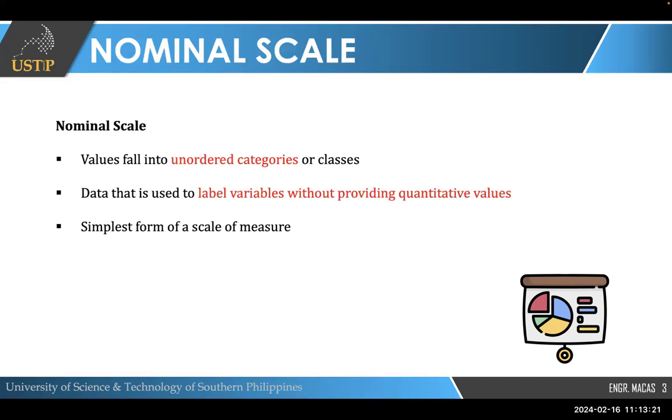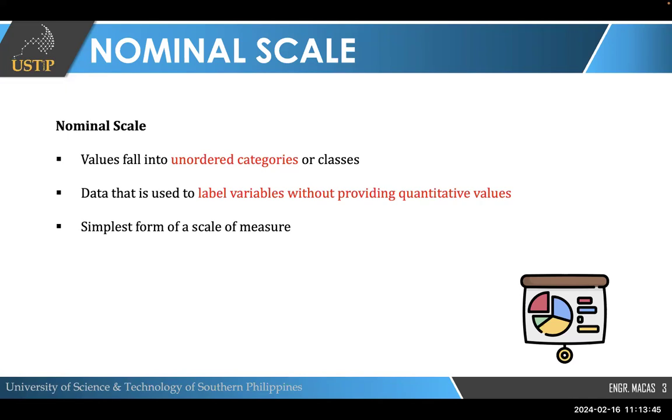So there is a nominal scale, or sometimes it's called nominal data. The values fall into unordered categories or classes, meaning it doesn't matter kung ang imuhang data kay na-involve siya sa isa ka category, dili siya ga matter kung ang una nga category or ikaduha siya.